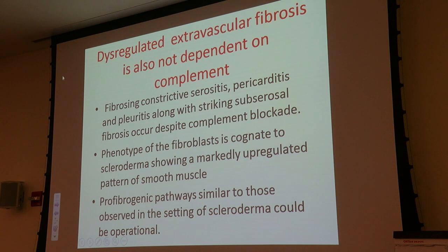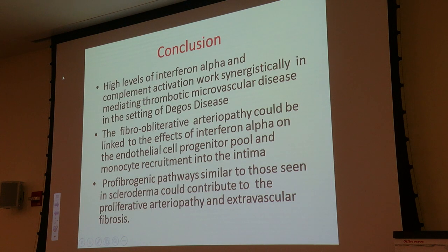And so what I would say is that perhaps these pro-fibrogenic pathways that are clearly operational and not dependent on complement may be similar to those implicated in scleroderma. So I will conclude by saying that high levels of interferon alpha and complement activation work synergistically in mediating thrombotic microvascular disease in the setting of Degos disease.